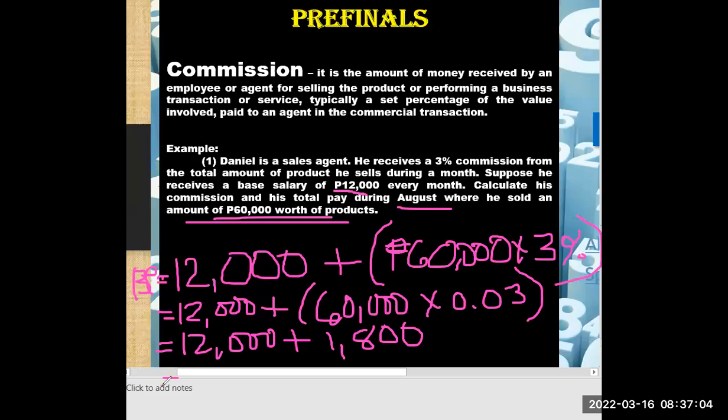So, equals natin plus 12,000. So, the person or the salesperson, Daniel, will be receiving 13,800 pesos for the month of August.